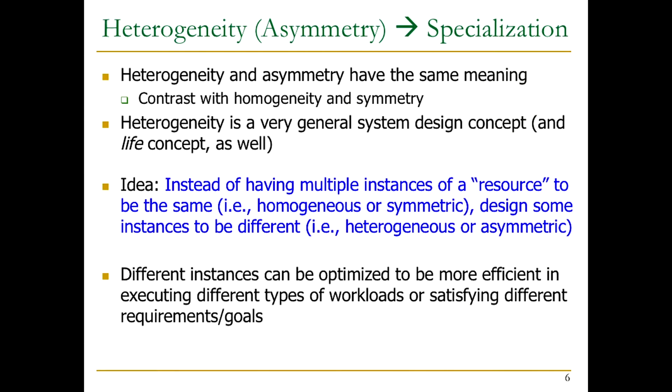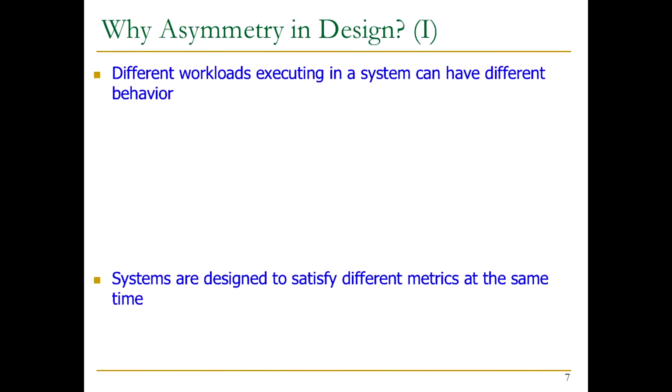Things may be workloads, things may be different parts of a program, things may be different users, or satisfying different requirements or goals, like energy, performance, reliability. So you can actually design these resources to be heterogeneous for both of these. And as a result, heterogeneity really enables specialization and customization to the requirements that you have at hand for different workloads, users, and metrics, goals.